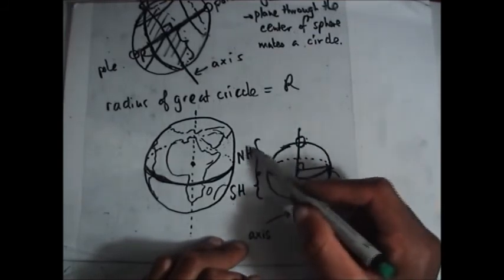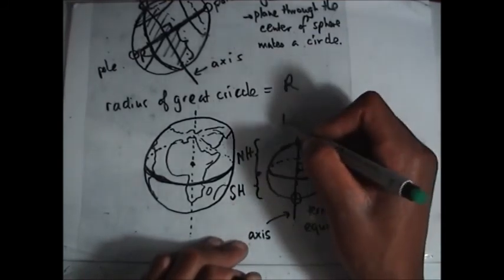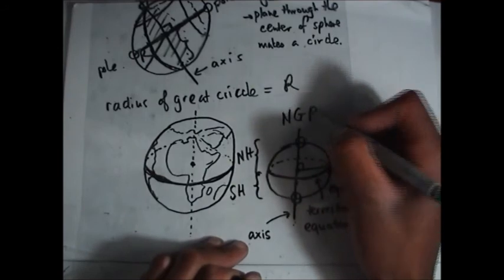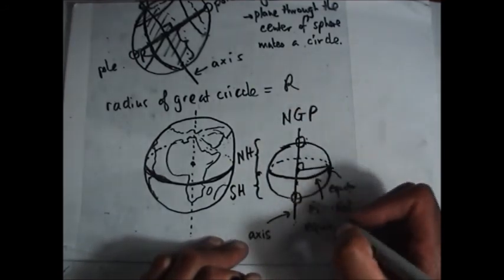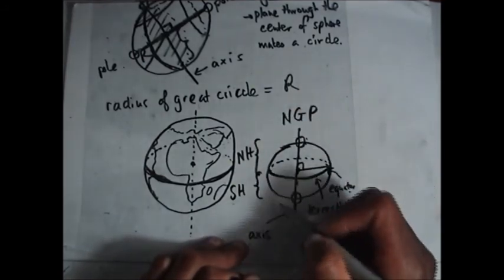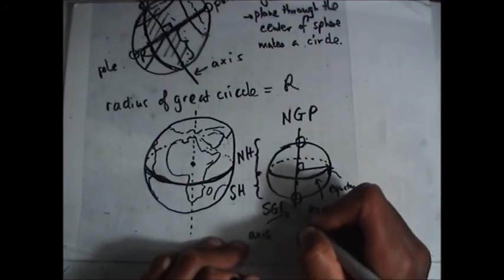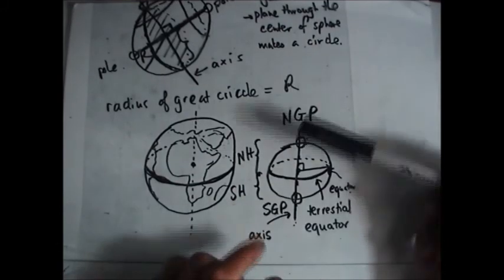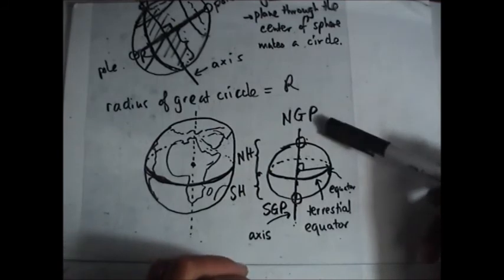So the pole that lies in the northern hemisphere is called the north geographical pole, and the pole that lies in the southern hemisphere is called the south geographical pole.